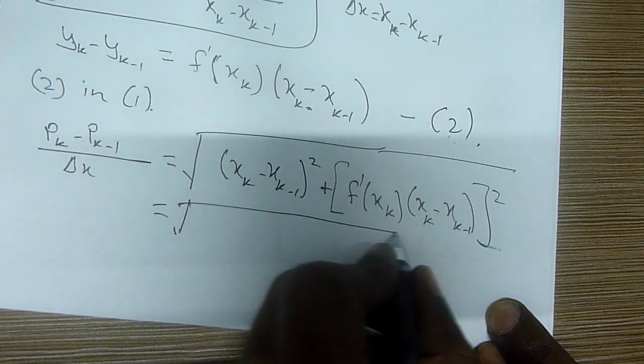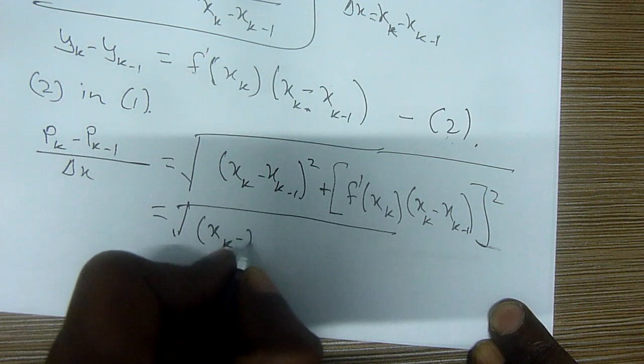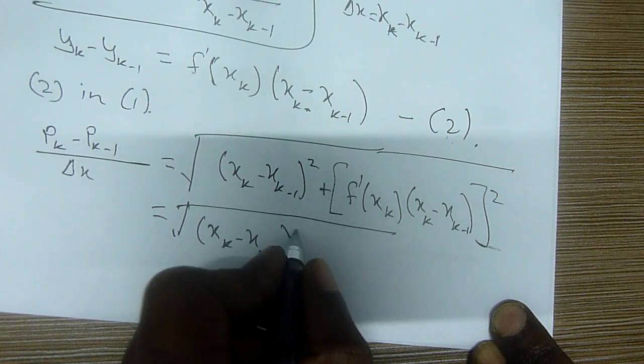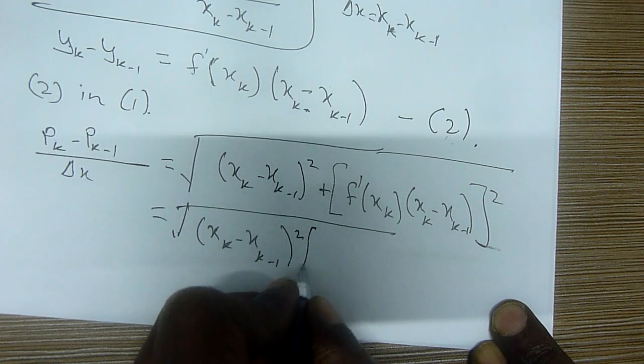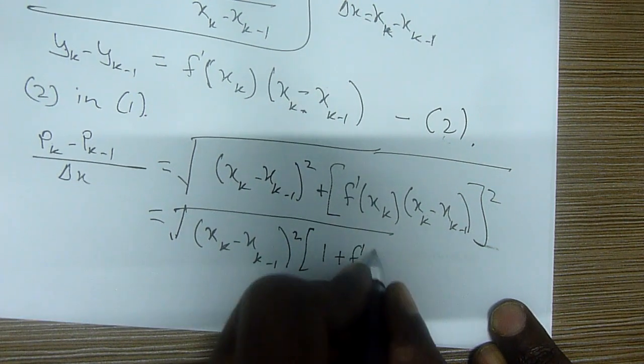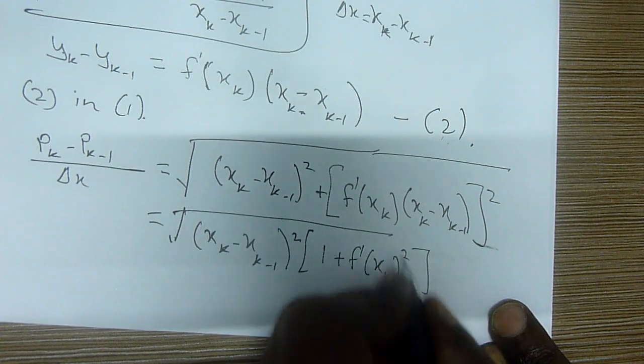Therefore, when we use the simplification here, I factorize this. This is 1 plus f prime xk squared, all under the square root, not a square.